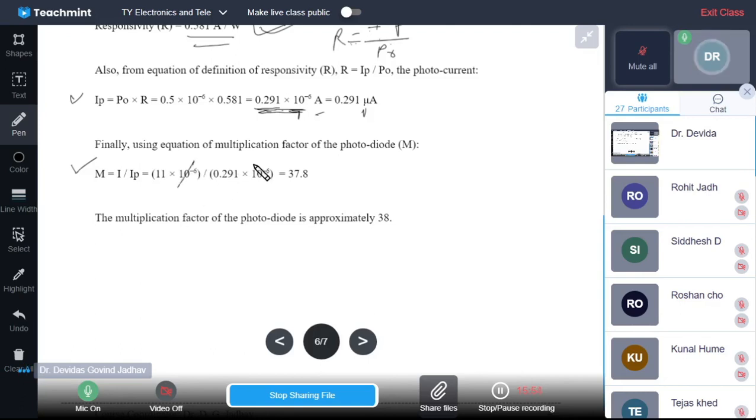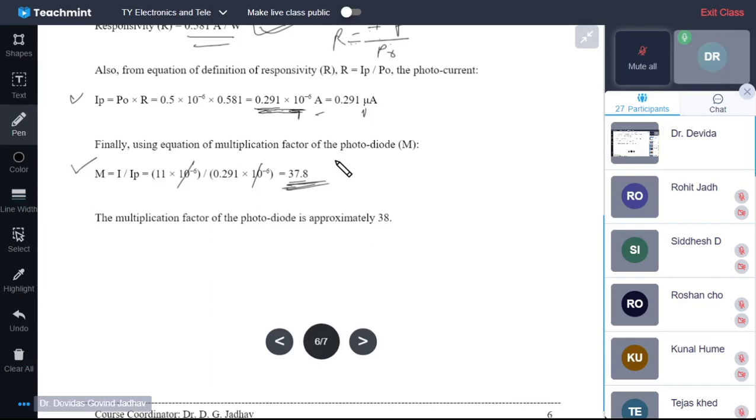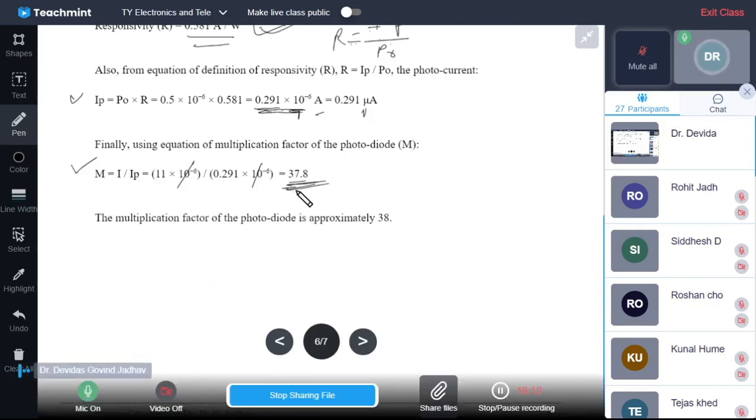The 10 raised to minus 6 cancels. 11 upon 0.291 is 37.8. Multiplication factor is 37.8. So one photon generates one electron, and that electron collides with other electrons and generates a total of 37.8 electrons. So the multiplication factor gain is 37.8, approximately 38.